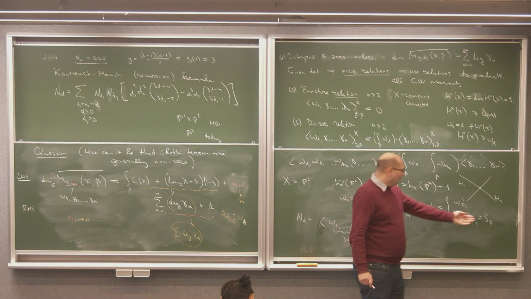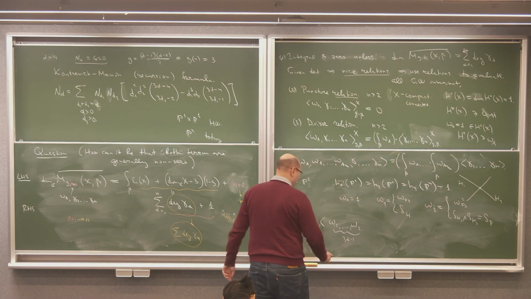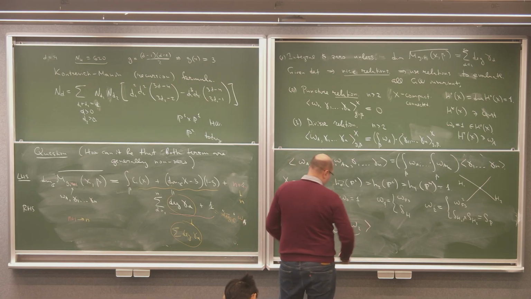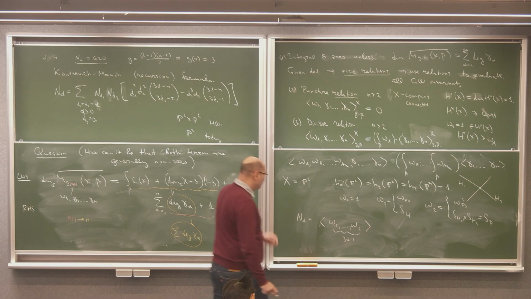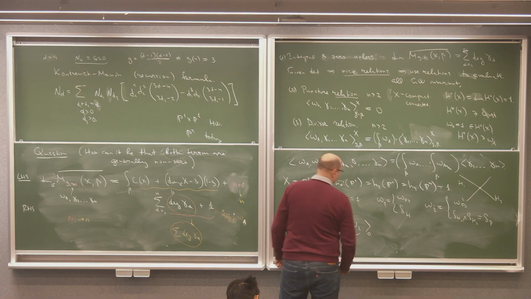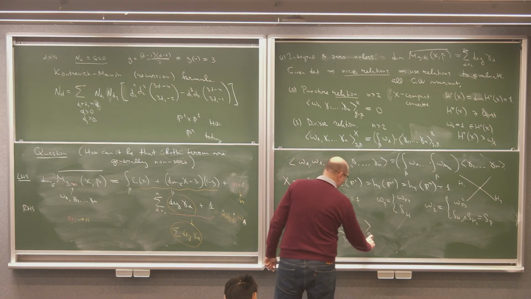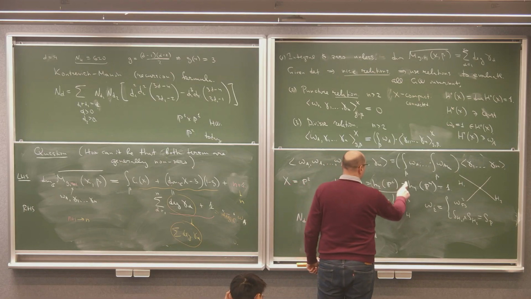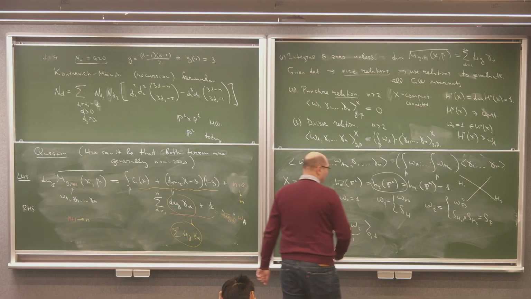All points represent the same cohomology class, so we can just insert the same omega 2. And here the genus label should be 0, so it's a rational curve.